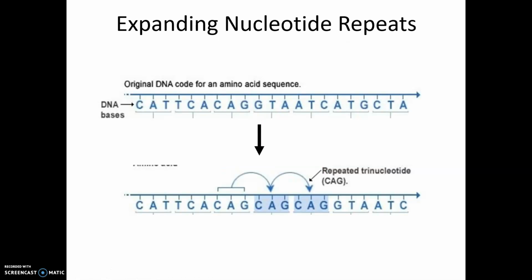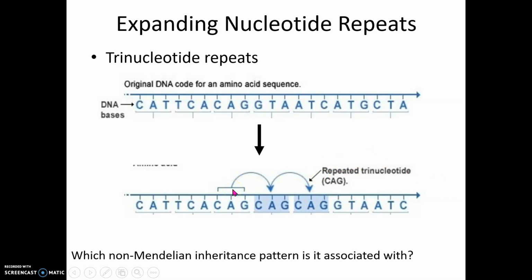So our next flavor is these expanding nucleotide repeats. So we have talked about these before. And what happens is these trinucleotide repeats are inserted over and over again. Okay. So here we had a CAG, right? CAG. Now we're inserting CAG, CAG, CAG, CAG. So which non-Mendelian inheritance pattern is associated with trinucleotide repeats?